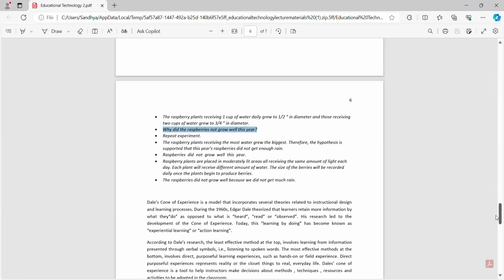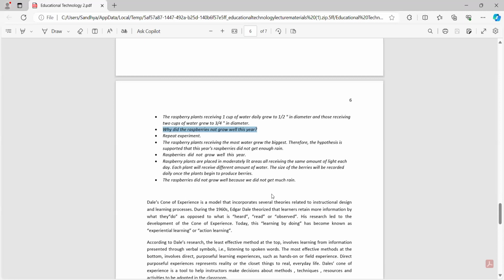Formulate a hypothesis. What is the hypothesis? Raspberry plants are placed in moderately lit areas, all receiving the same amount of light each day.